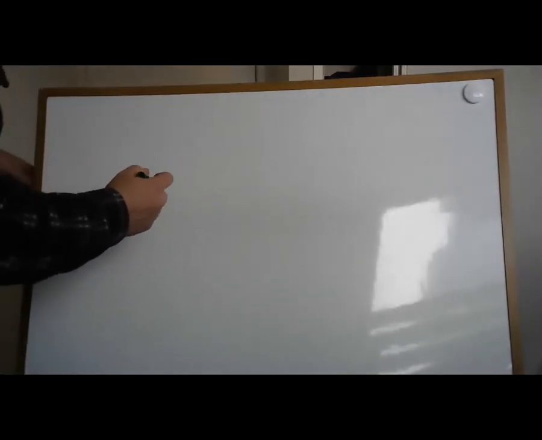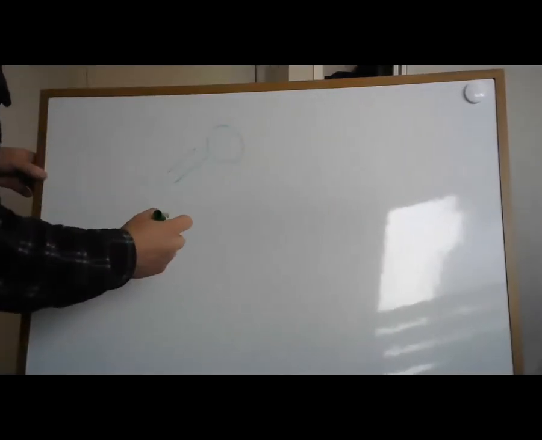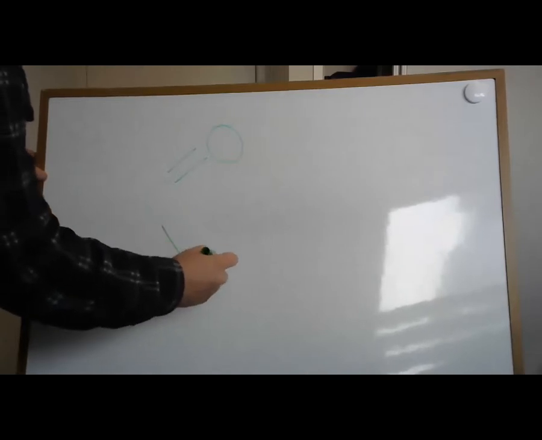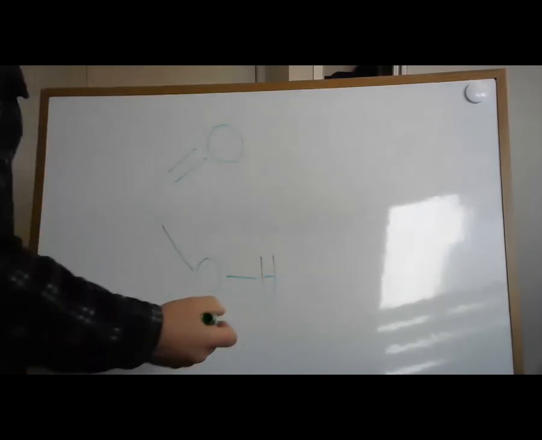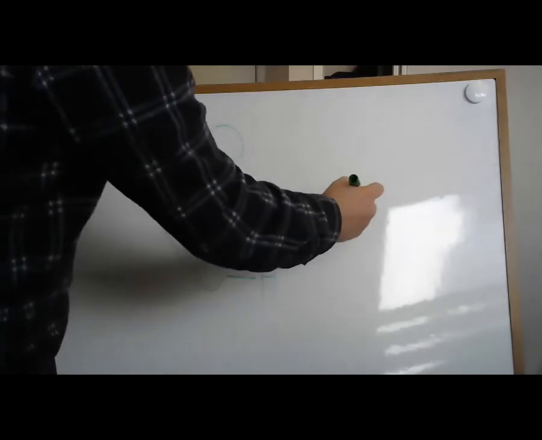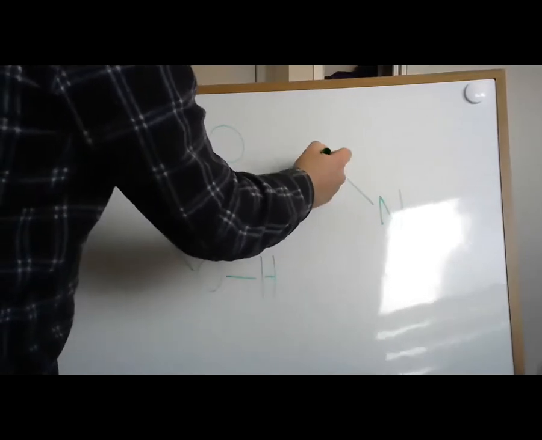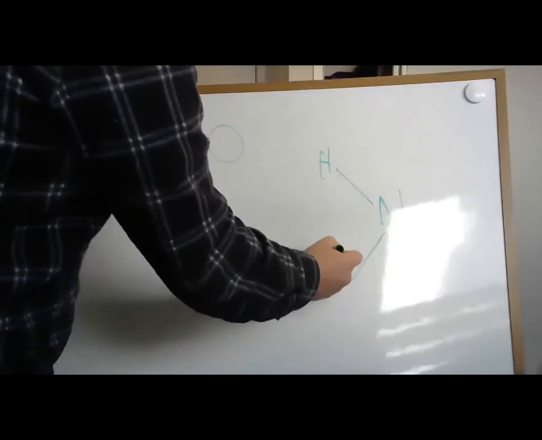So on one side we have the carboxylic group. On the other side we have the amino group.